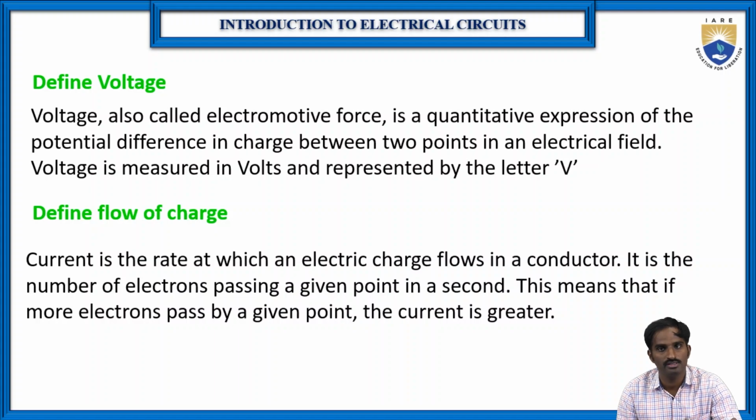Usually charge is represented by Q. There is positive charge and negative charge: positive charge we represent with plus and negative charge with minus. Usually the negative charge is the electrons. How many electrons pass through a given point is represented by the current, and the more electrons flow through a point, the more current is passing through it.